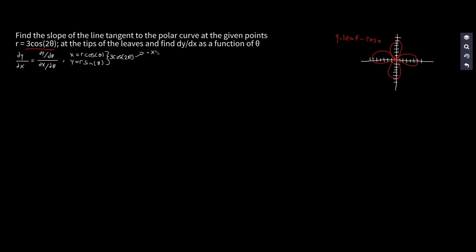So this is a bullet point here, but this is going to be x equals 3 cosine of 2 theta times cosine of theta. Here's another bullet point. And this is going to be y equals 3 cosine of 2 theta times sine of theta.